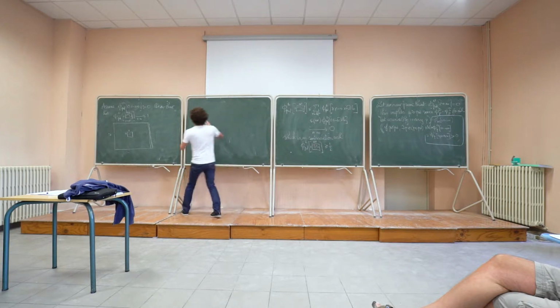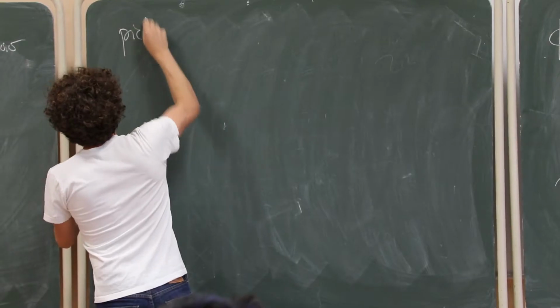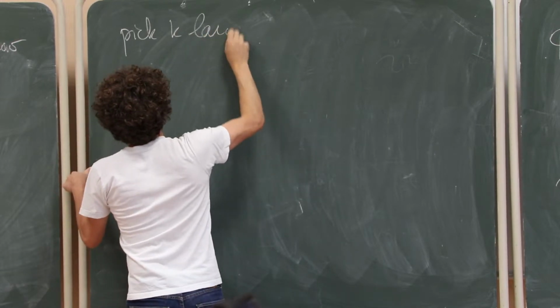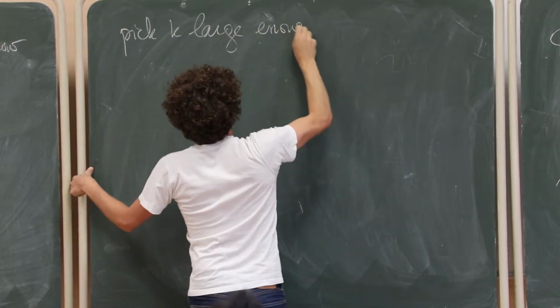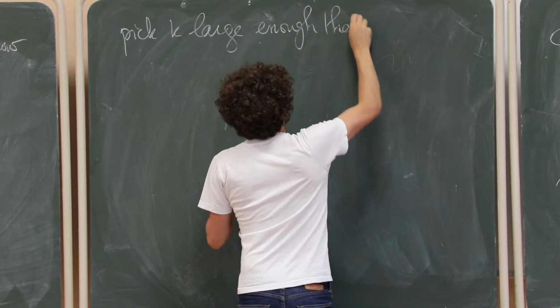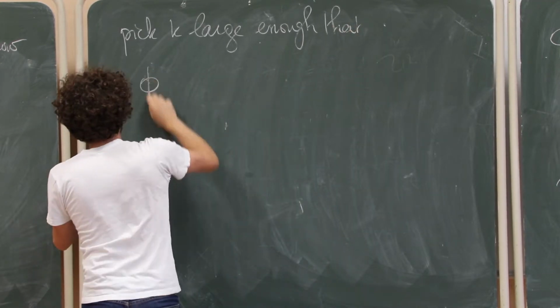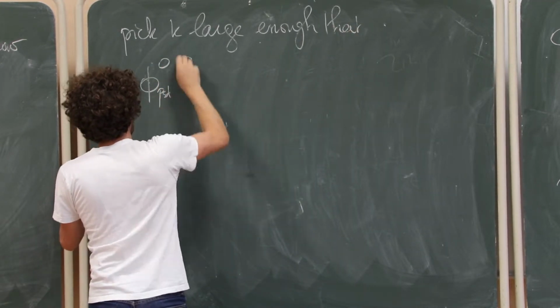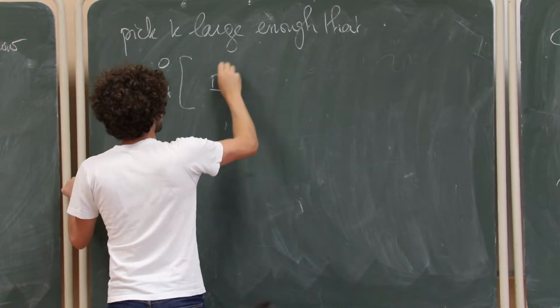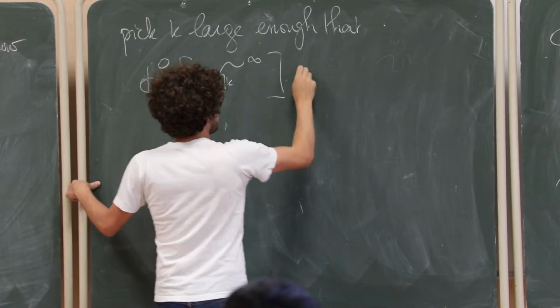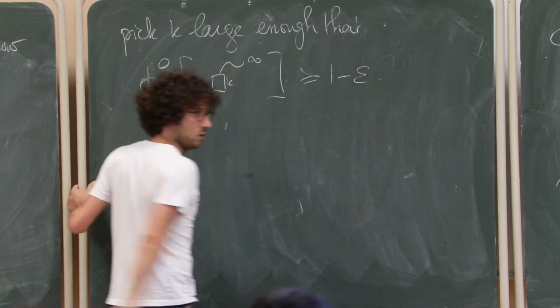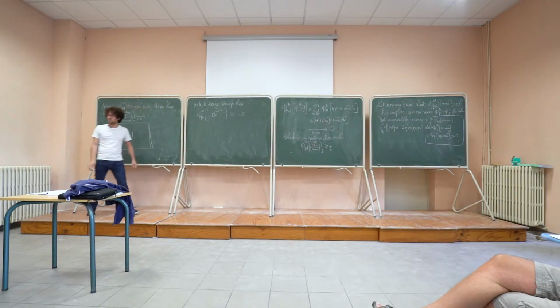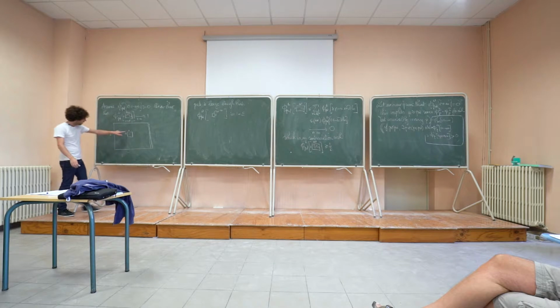So I can pick k large enough that the probability of the box of size k being connected to infinity is larger or equal to 1 minus epsilon. Epsilon is something tiny. So pick this k here. Okay?